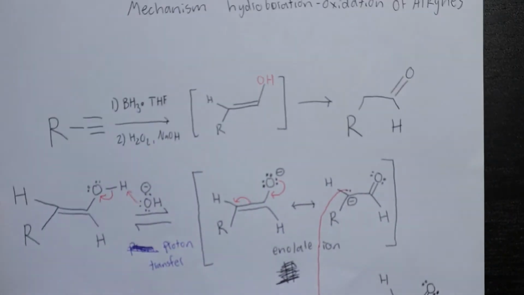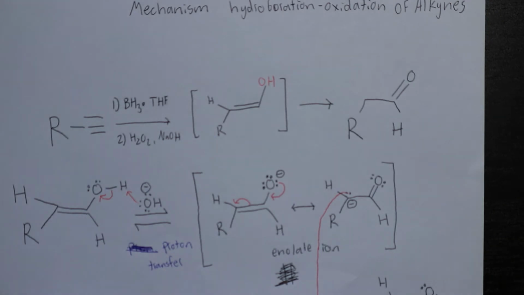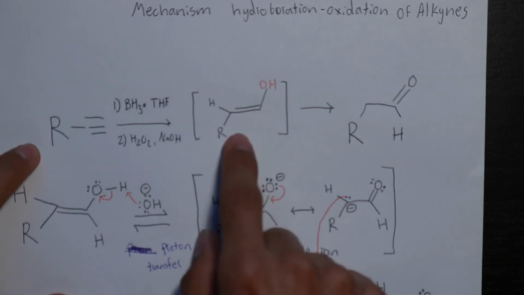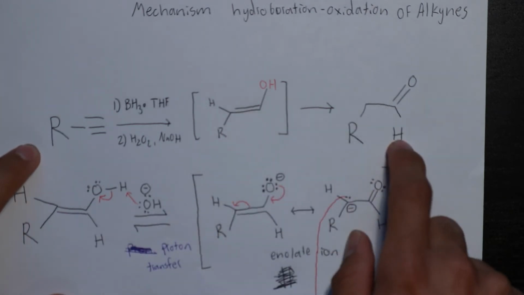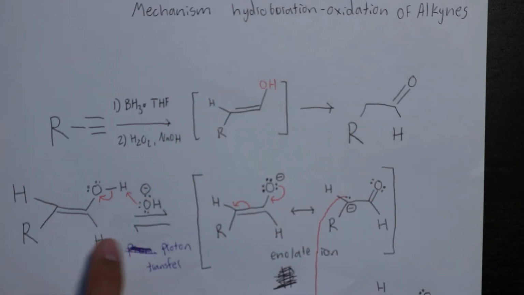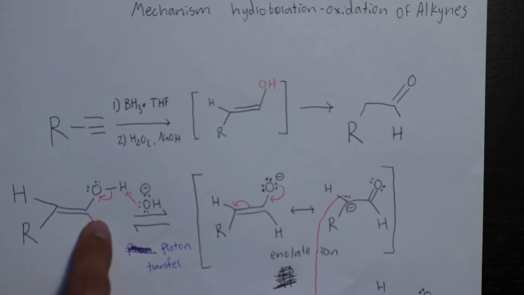Let's get into our mechanism of a hydroboration oxidation of alkenes. We have our alkene forming an enol, which is then turned into an aldehyde because of the basic conditions. For the mechanism of our enol, we have a proton transfer from the hydroxide taking a hydrogen, then forming an enolate ion.